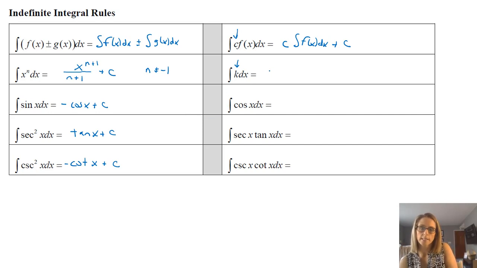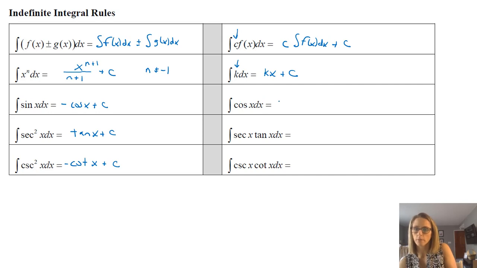The antiderivative of K, the constant, is going to be Kx plus C, because when you take the derivative of something times x, it's just that something, whatever that number is. Basically, you have K times x to the 0, and then adding 1 to that gives you x to the 1, or x.